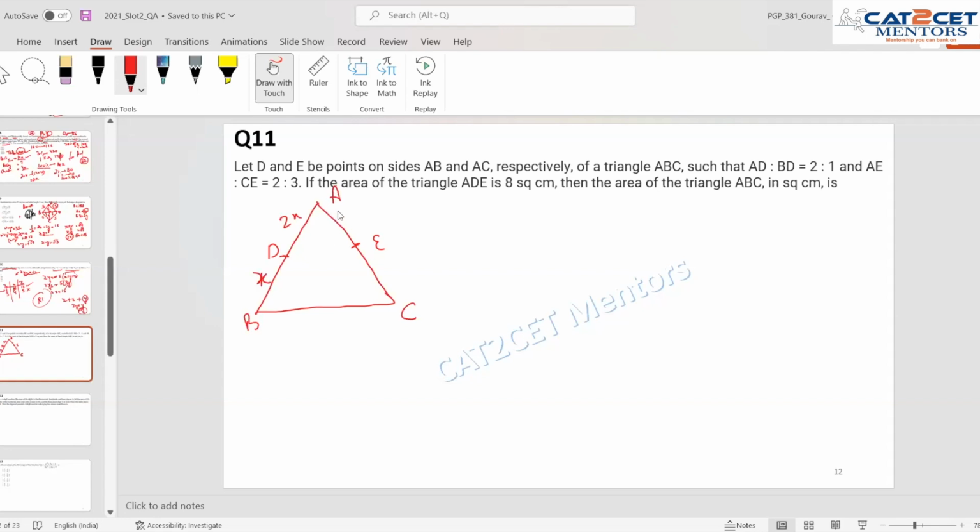Okay, and AE is 2x and CE is 3x. Let's say this is angle A, and we are given that the area of triangle ADE is equal to 8. This is equal to 8, and we need to find the area of the complete triangle ABC.